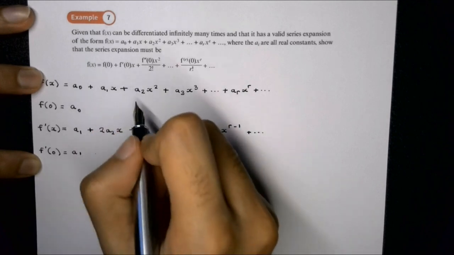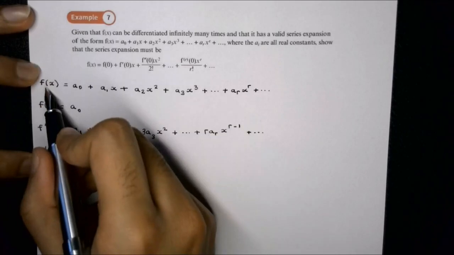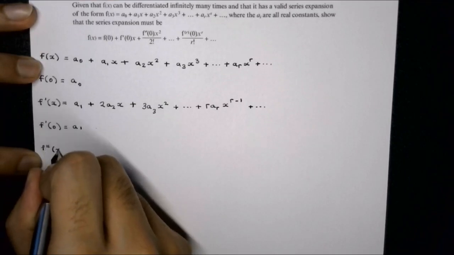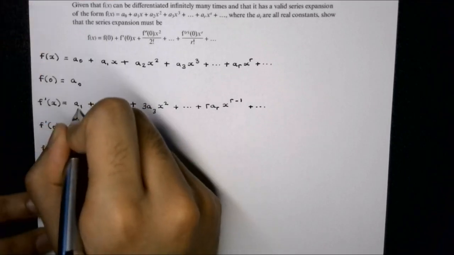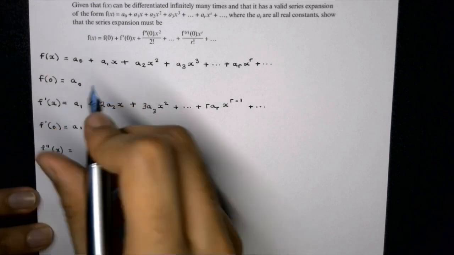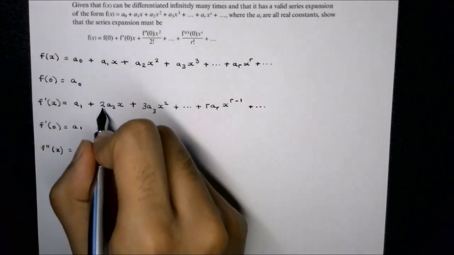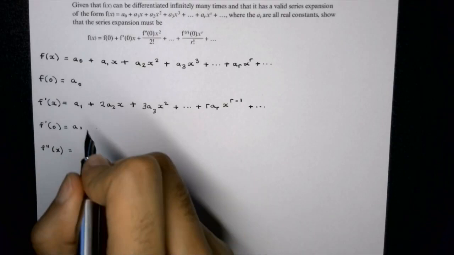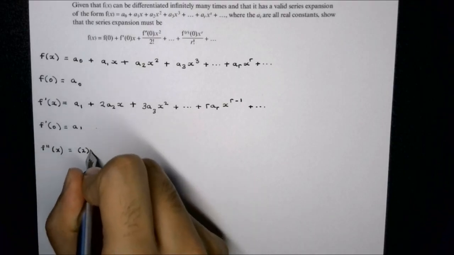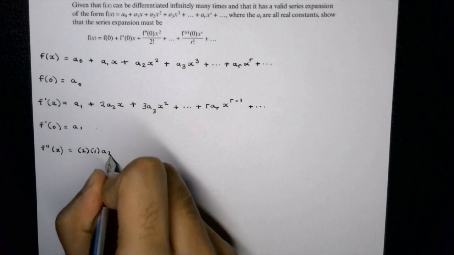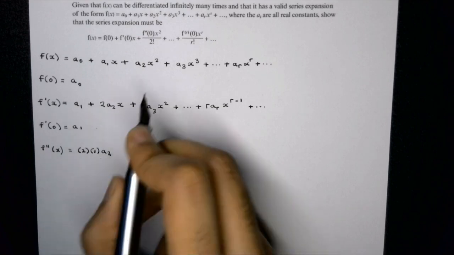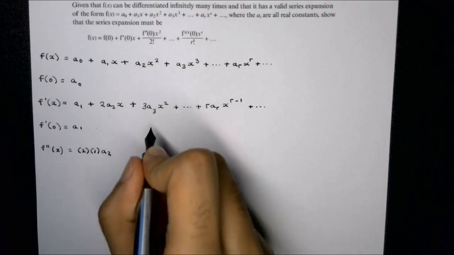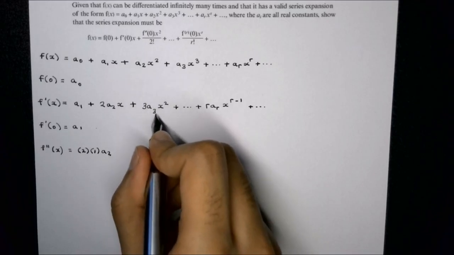And for us to find out what a2 is, we need to differentiate f of x again. So if we do that, f double dash of x, well, if we differentiate the a1, we end up with 0, and if we differentiate the 2a2x, we'll end up with 2a2. And I'm going to rewrite this as 2, lots of 1, lots of a2. If we differentiate the 3a3x squared, we'll end up with 6a3x.